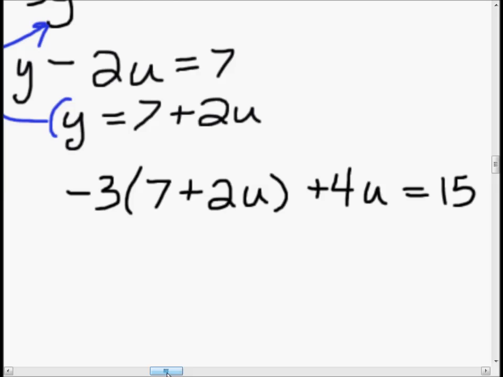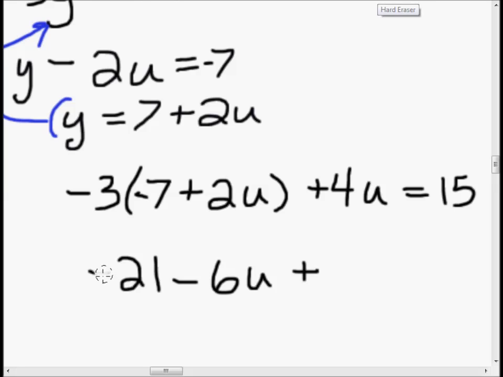So let's see. So it's negative 21 minus 6u plus... why do I feel like I have something wrong here? I am backing up for a second. I do. This is a negative 7. So that's part of my problem there.